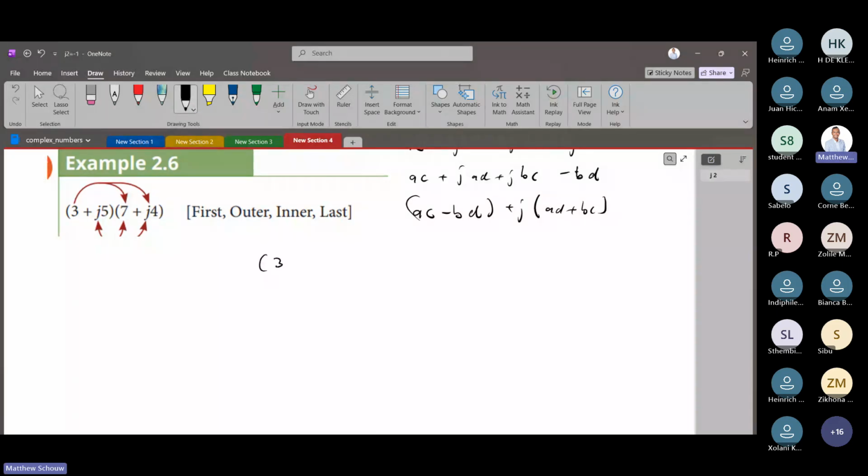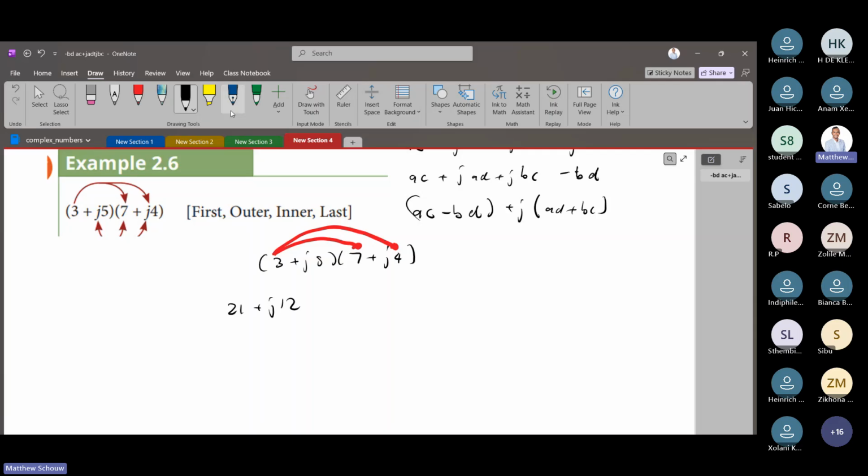So 3 plus J5, times 7 plus J4. So 3 times 7, 21. Okay, let me be very teachy. 3 times 7, 21. Plus 3 times J4, which will give you J12, right?